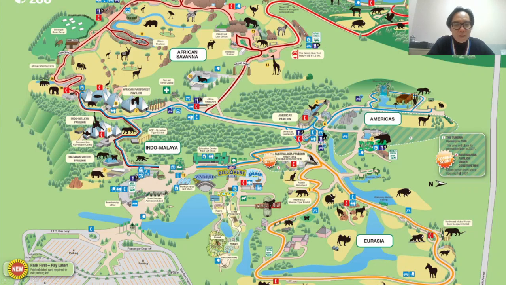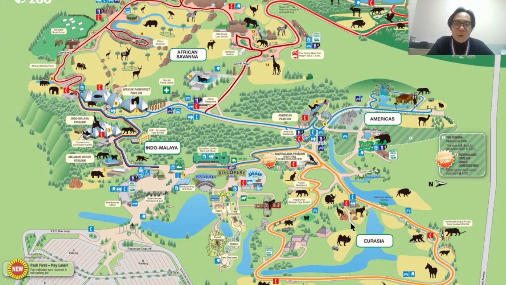Now this part of the zoo has all the animals from North America and South America together. And down here it says Eurasia. Remember, Asia and Europe touch on the map? So all the animals from Europe and Asia are all in here. Look at that. What do you think that animal is?